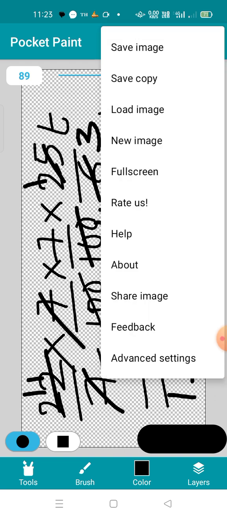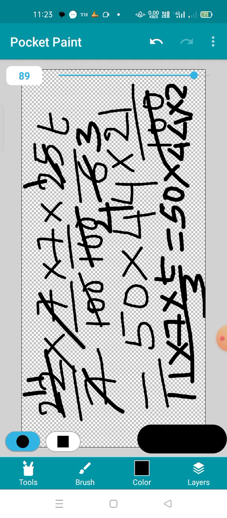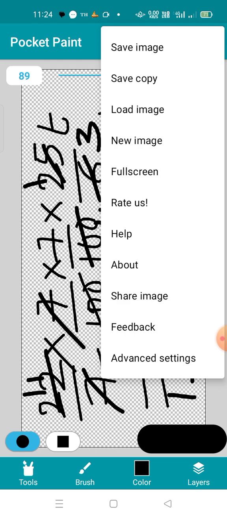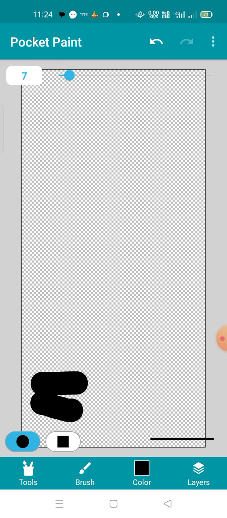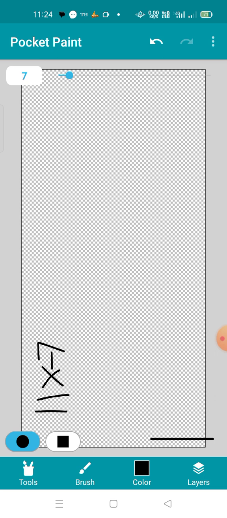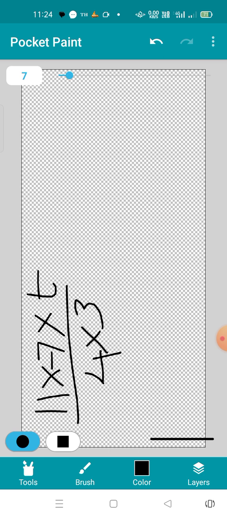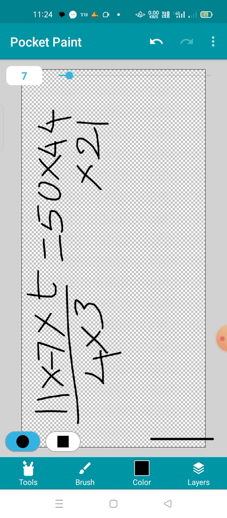Let me rewrite this in the next image. Of course there is 4 as well, 25 ones are, 25 fours are, you can see here. So what are we left with in the LHS? It is 11 into 7 into t by 4 into 3 is equal to 50 into 44 into 21.